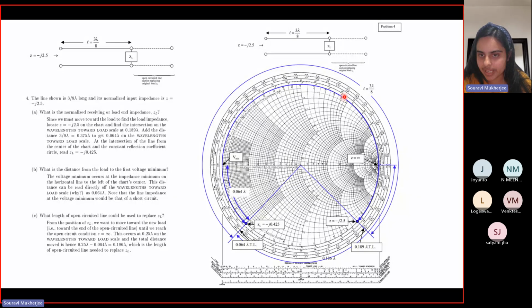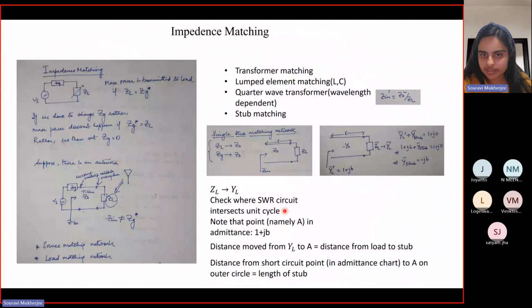Now you would see where this circle intersects the unit circle. The unit circle corresponds to the circle where the resistance is 1. So any point on the unit circle will have an admittance of the form 1 plus jB.